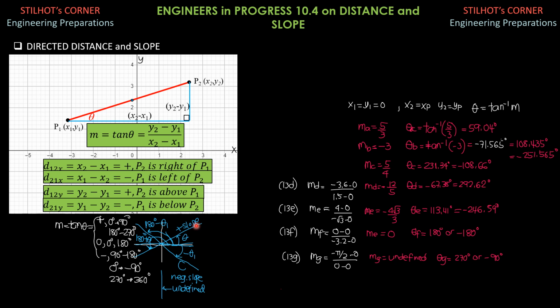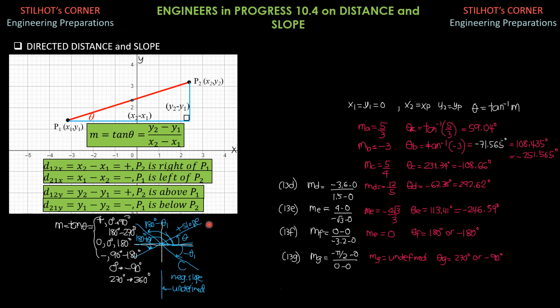The slope is positive if this is the line segment direction, from 0 degrees to 90 degrees. All tangent function values of angles between 0 and 90 degrees are positive.